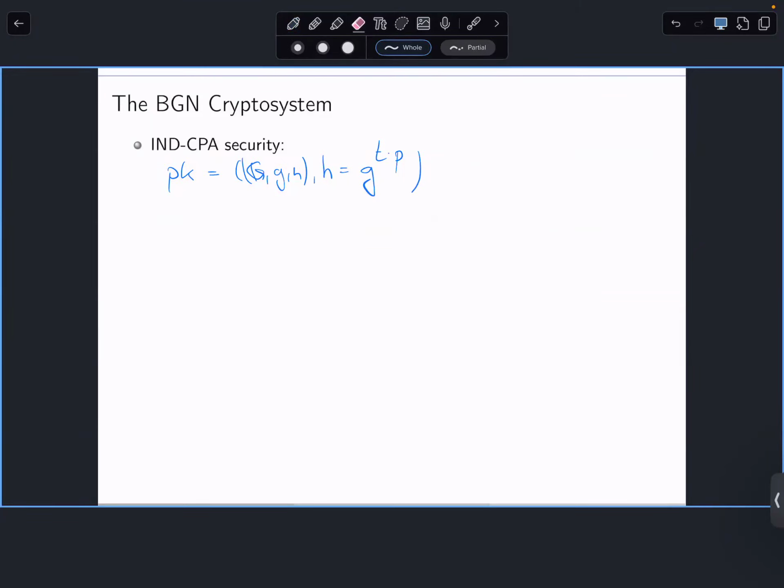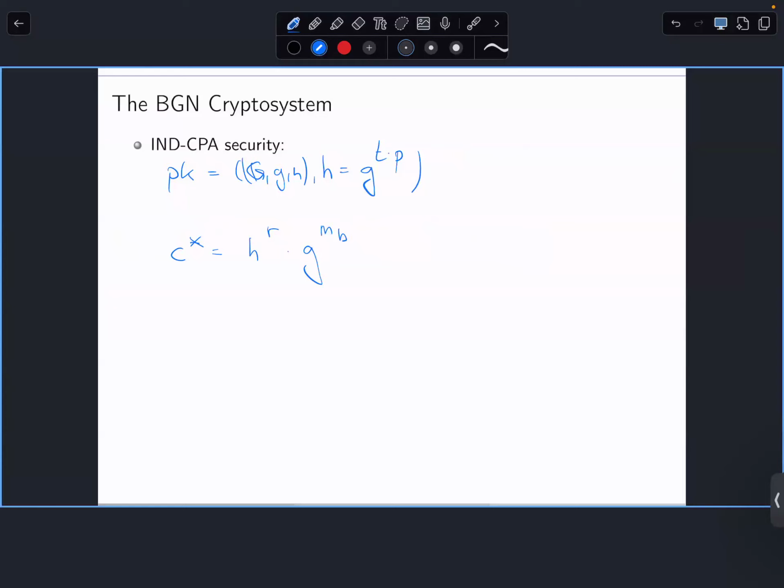In CPA security, the adversary gets the public key, chooses two messages, and then gets a challenge ciphertext C star, which is H to the R times G to the MB. Okay, right? And the adversary's goal is to guess MB.